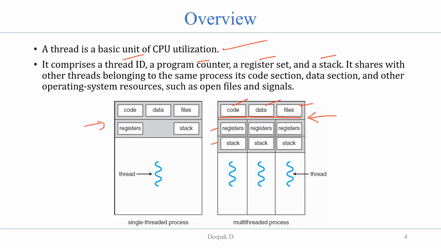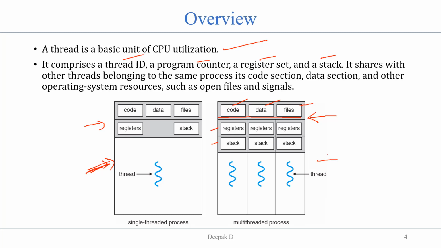Here a traditional process, sometimes called a heavyweight process, has only one thread. See in this diagram, which consists of a single thread, meaning the process has a single thread of control.